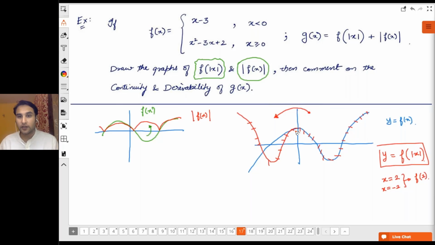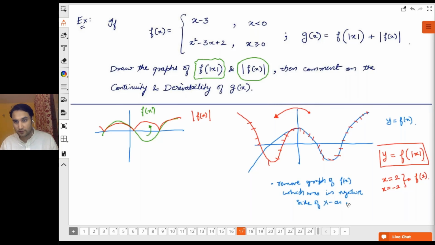So what did I just say? I'll repeat again. Forget about the original graph. Step 1: remove the negative portion of the original graph, the graph of f(x) which was on the negative side of the x-axis. Remove this.